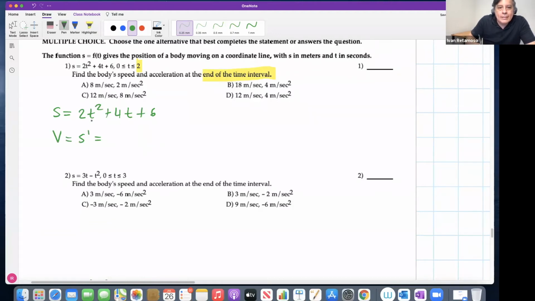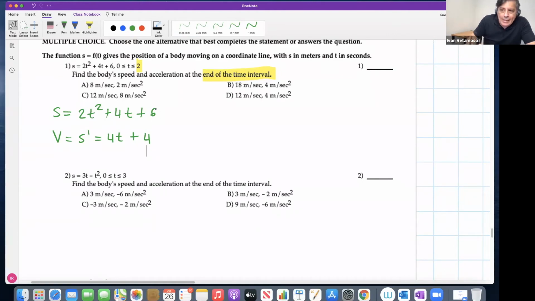And what is the derivative of the position function? Well, the derivative of this part, 2 comes down, multiplying 2 is 4t, plus the derivative of this guy: 4 is a constant, it comes out, the derivative of the identity function t is 1, 4 times 1, 4. So 4t plus 4. The derivative of the constant function 6 is 0.